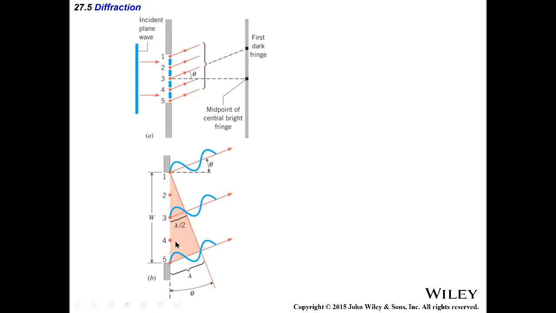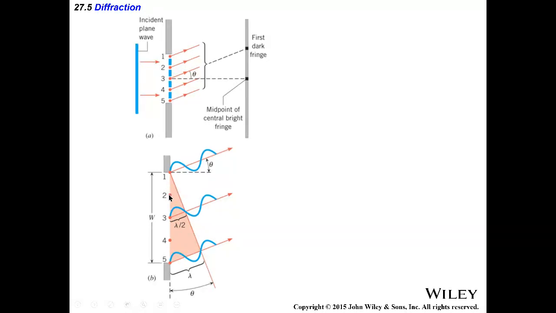If I take the wave that came from 1, wave 2, wave 3, 4, and 5, the wave that came from 5 has a longer path length than the one from 1 to reach my screen opposite over here. If this longer path is exactly one wavelength, it will be constructive. But if this is half a wavelength, it will be destructive.